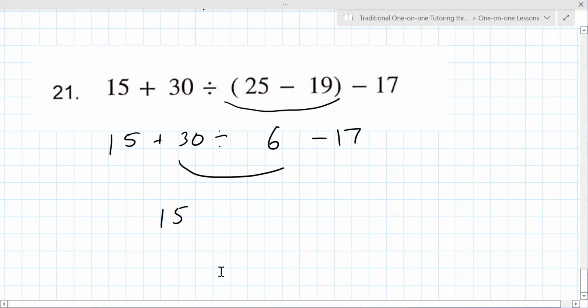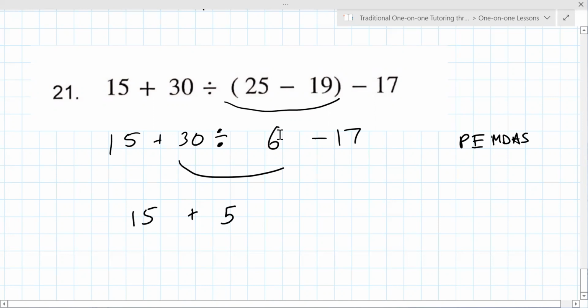Oh, no. Got to slow down there. Do you see the division? Oh yeah, because division always goes first. Yes. So 30 divided by 6, which would be 5. Now, if you had added first, you would have gotten 45 divided by 6, which does not go in evenly.